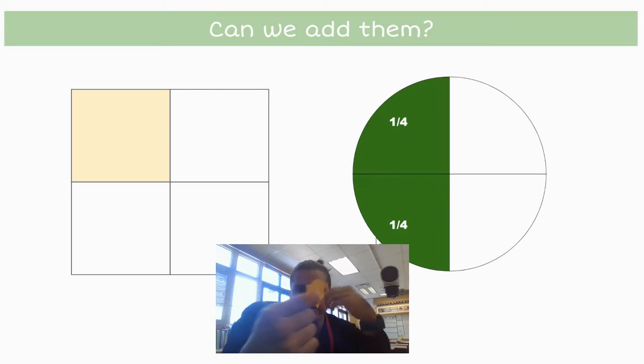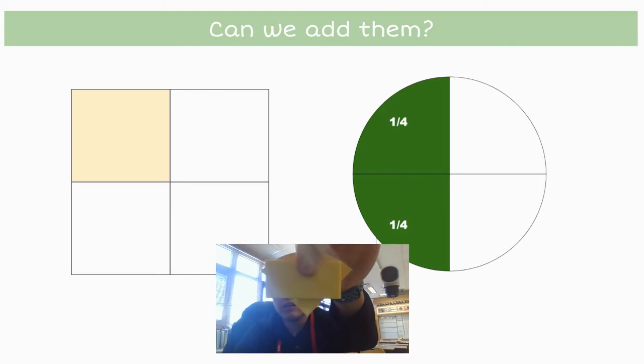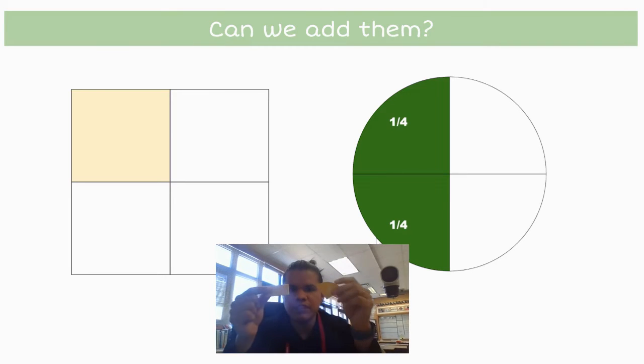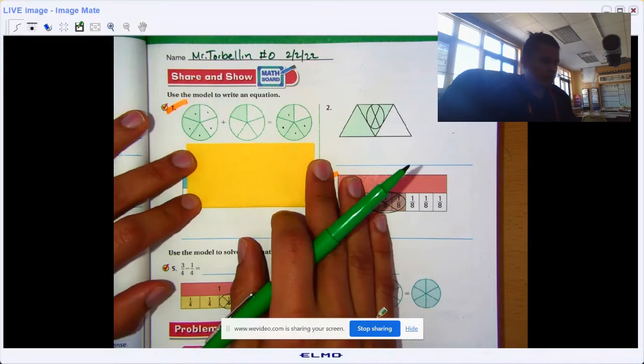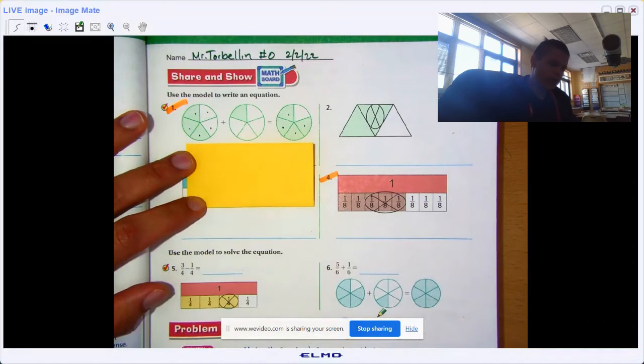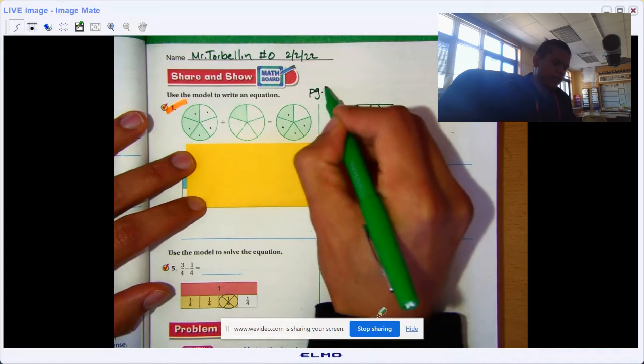So as you can see right here, these are not the same. Even though they both represent 1/4 of a whole, they have to be the same, coming from the same whole. So this fourth comes from the circle, and this fourth comes from your square. We cannot add them.